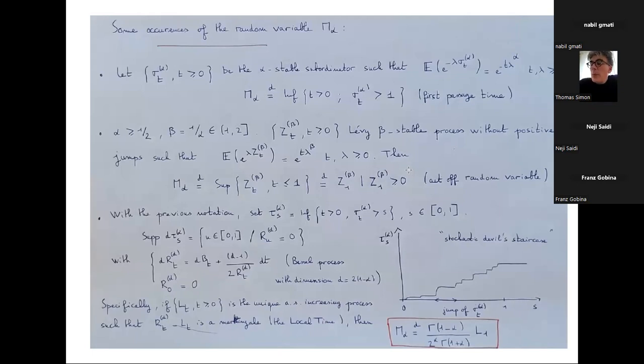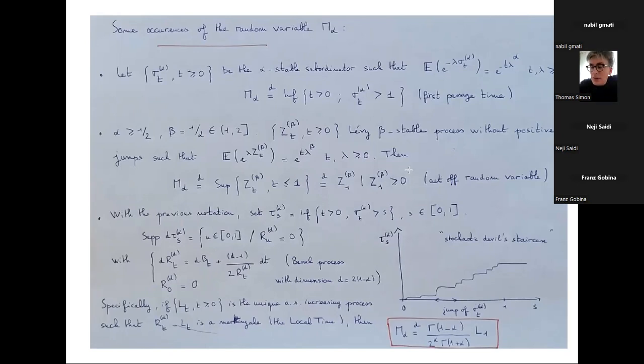This random variable appears in several contexts, which are very classical, but maybe you do not know all of them. I will start with the most well-known one, which is the first passage time of a very classical stochastic process, the alpha stable subordinator.